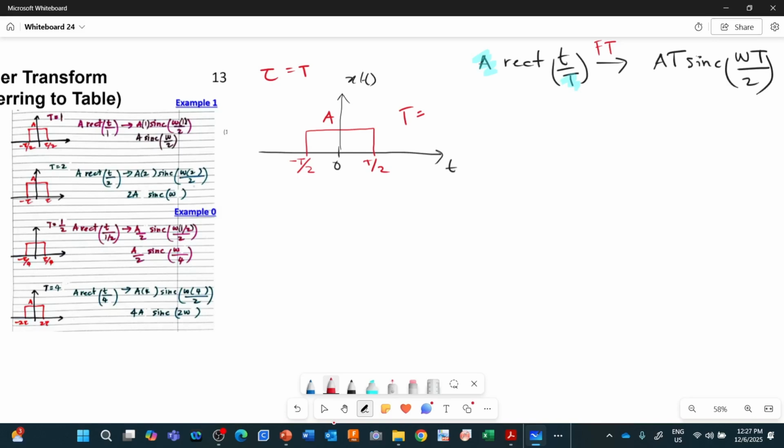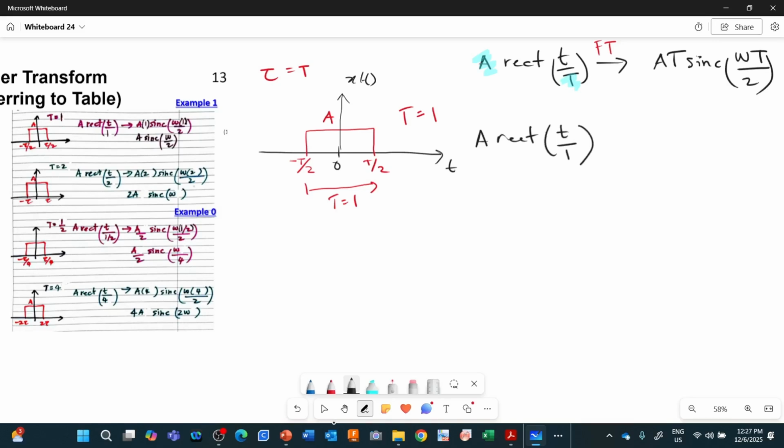1. Everyone understood why T is equal to 1? The reason is because you have this signal from 0 to minus T over 2, and then positive T over 2. That's why this period T is equal to 1. So just substitute into the equation. The answer is A rectangular, T over 1.